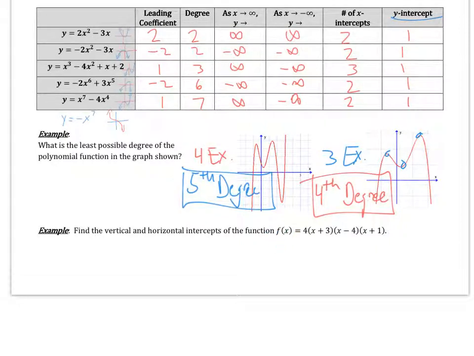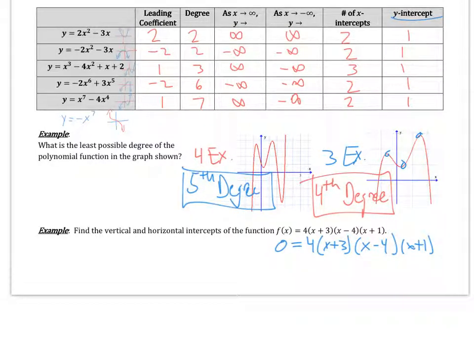So when y is 0, this equation becomes 0 equals 4 times x plus 3 times x minus 4 times x plus 1. And we should remember the zero product rule, which says when you have a bunch of things multiplied together and they all multiply to 0, one of these things has to be 0.